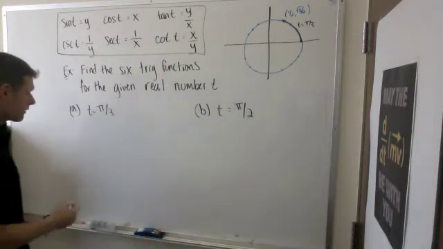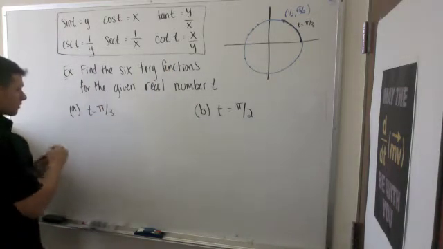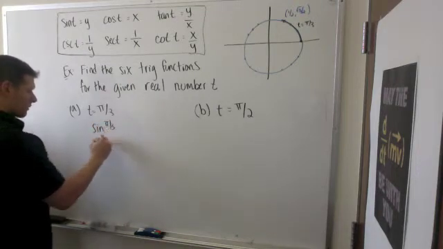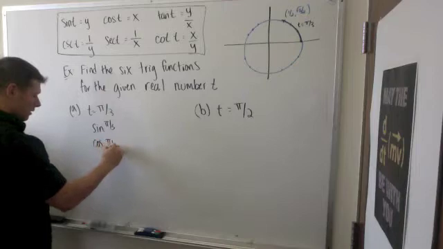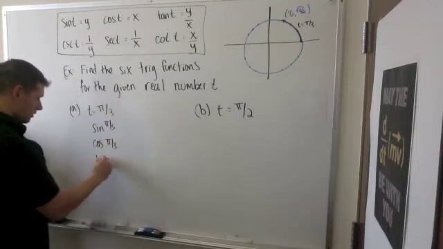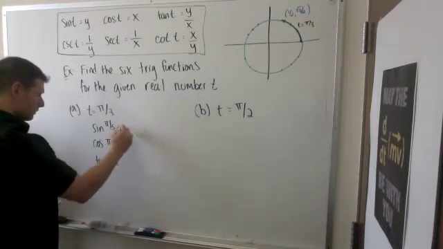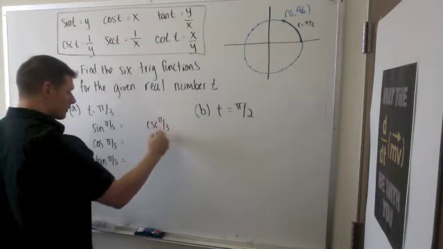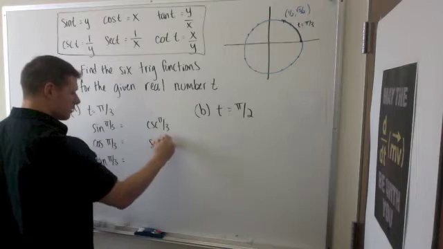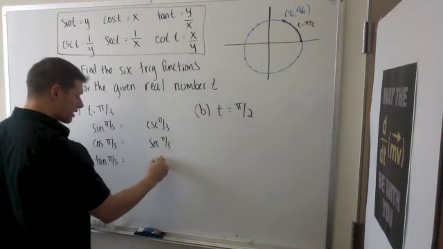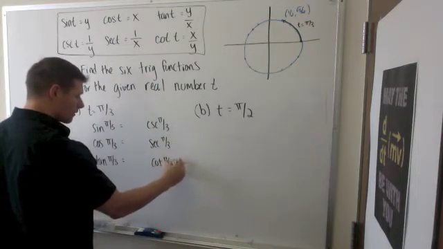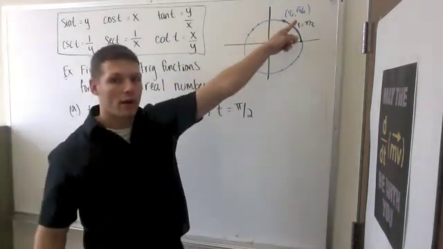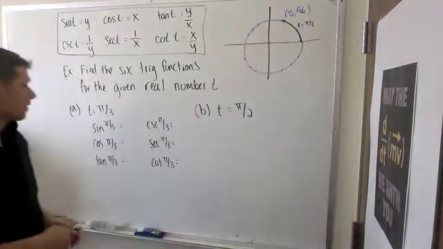So therefore I can then find my 6 trigonometric values. So if I want to find sine of pi over 3, cosine of pi over 3, tangent of pi over 3, cosecant pi over 3, secant pi over 3, and cotangent pi over 3, I use the fact that the terminal point is 1/2 comma root 3 over 2.